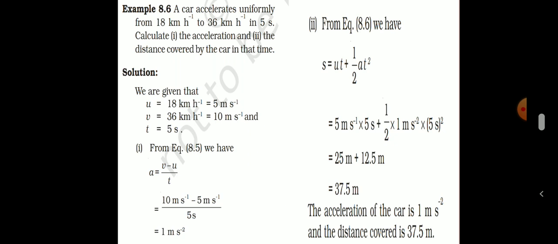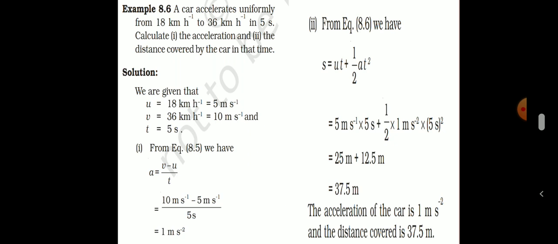The initial velocity is not equal to 0 because the car is not at rest. And that initial velocity is 18 km per hour converted into meter per second. And the final velocity is given, that is 36 km per hour, again converted into meter per second. And the time is given, 5 seconds.